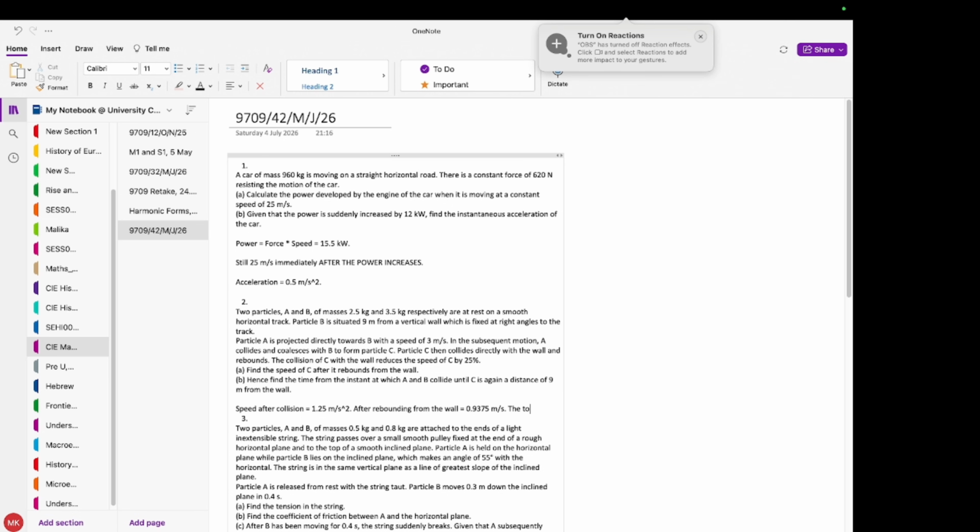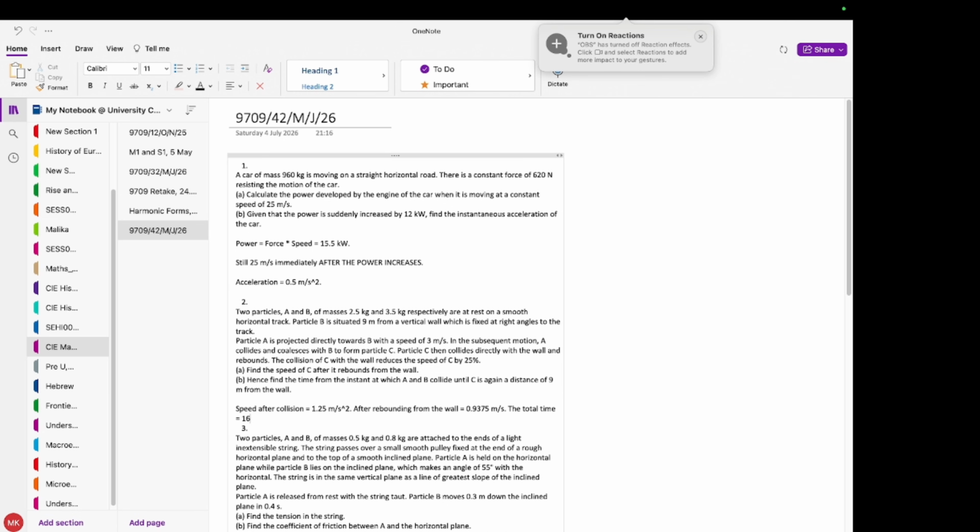The total time is 16.8 seconds. The only trap was remembering that the wall reduced the speed by 25%, not by 25 percentage points. Hence, the difficulty of question 2 is easy to medium in my opinion.